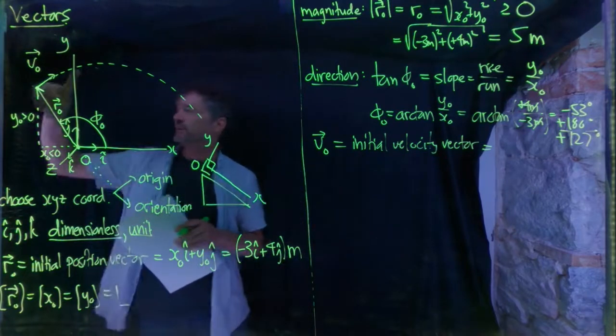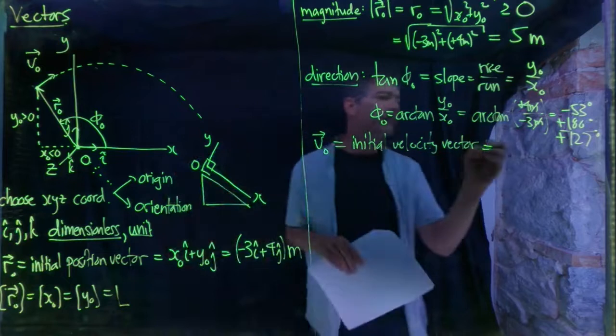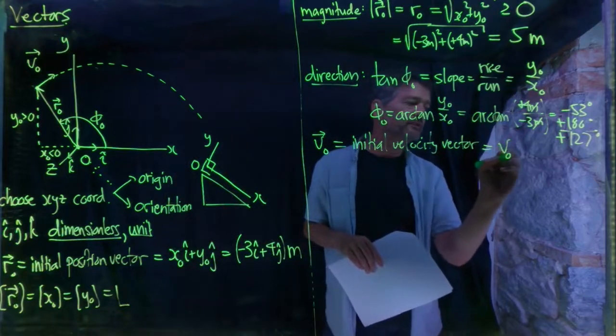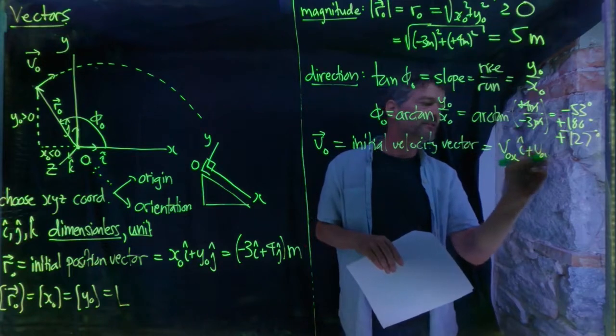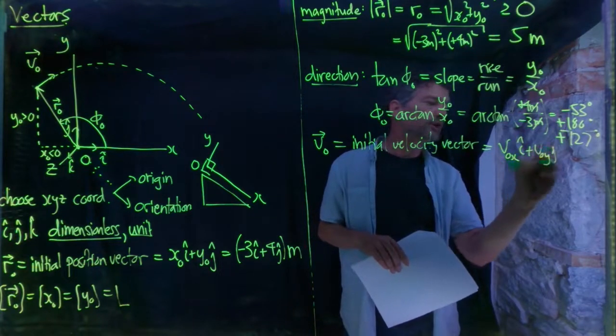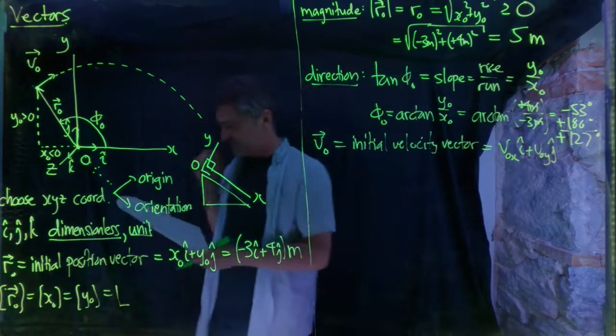Of course, this vector has only components in the i hat and j hat direction, so we should be able to write it as some number v0x in the i hat direction plus v0y in the j hat direction.